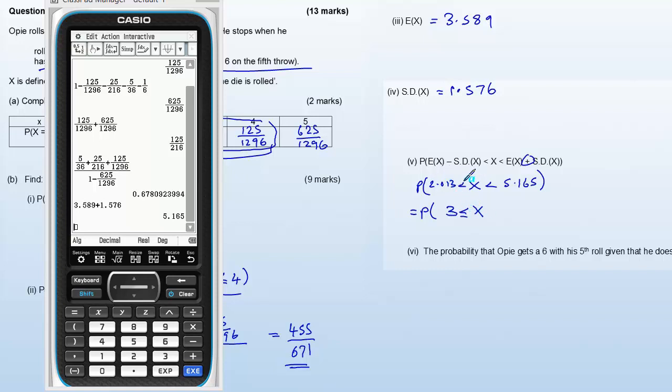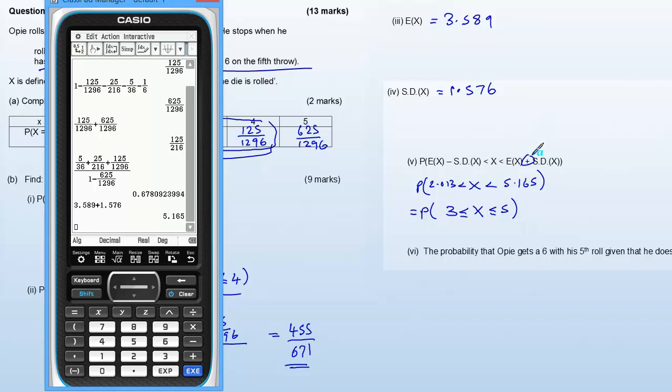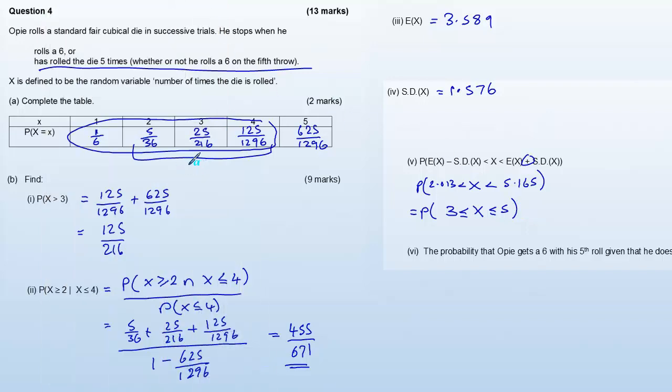Remember, it can't be 2, it says greater than 2.013, and less than or equal to 5. So we're looking to just add up the probabilities for 3, 4 and 5. So it's going to be 25 over 216 plus 125 over 1296 and 625 over 1296.